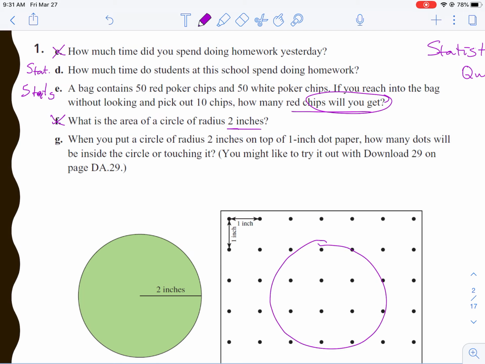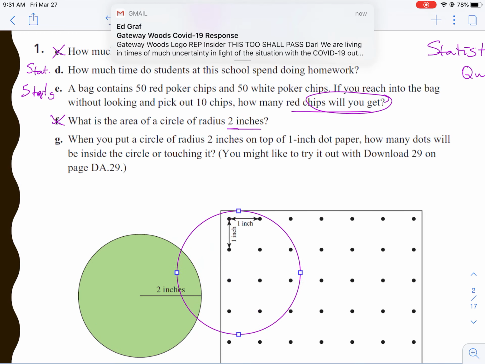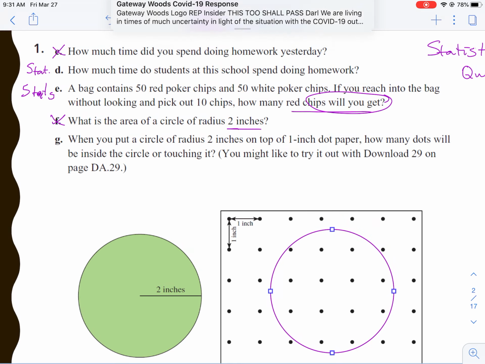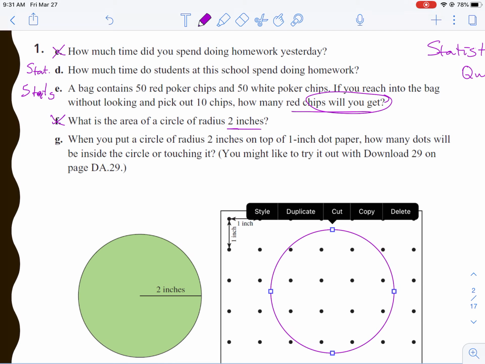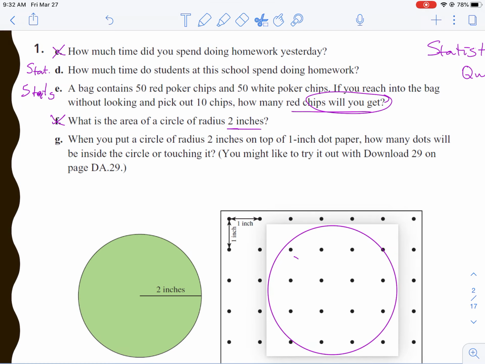I don't know if this will work. Okay, so if you look here, we have a certain number of dots in there. 1, 2, 3, 4, 5, 6, 7, 8, 9, 10, 11, 12, 13. If I slide this over, I'm trying to do this carefully. So there's 13 now. Watch this dot here. When I slide it over, oh man.